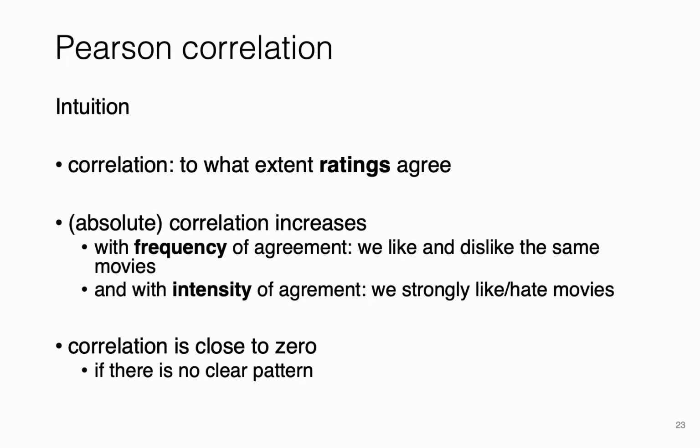Correlation increases with the frequency of agreement, for example, when we like and dislike the same movies. Correlation also increases with the intensity of agreement, for example, when we strongly like or hate the same movies. On the other hand, correlation is weak, close to 0, when there is no clear agreement pattern.